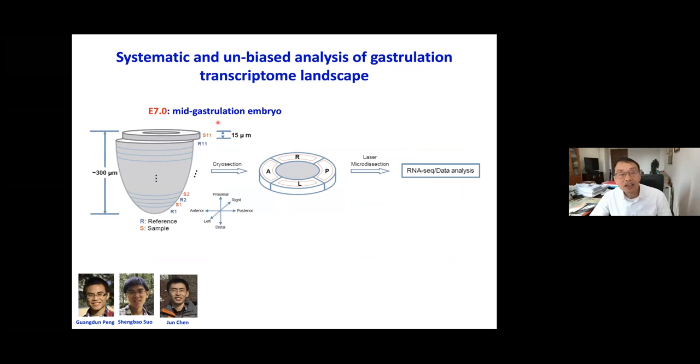We cut the day 7 mid-gastrulation mouse embryos from the distal region to the proximal region, each section about 15 micrometers thick. And using laser microdissection on anterior, posterior, left, and right, we cut about 20 cells, then do the RNA-seq and data analysis.